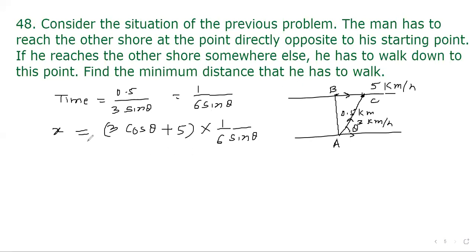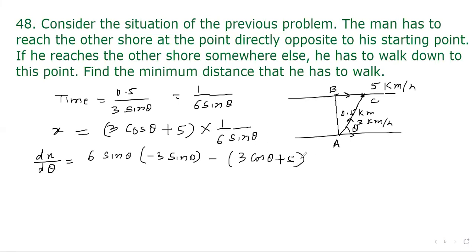Now, we have to minimize the distance. For that purpose, we have to differentiate it with respect to theta, dx upon d theta. We apply the quotient rule: 6 sin theta times the derivative of this, minus 3 sin theta, minus this will become 3 cos theta plus 5 times the derivative of 6 sin theta, so 6 cos theta, whole divided by the denominator square, that is 36 sin square theta.